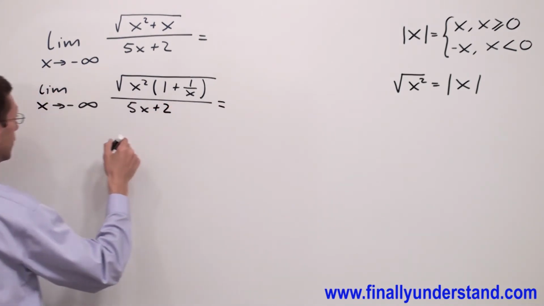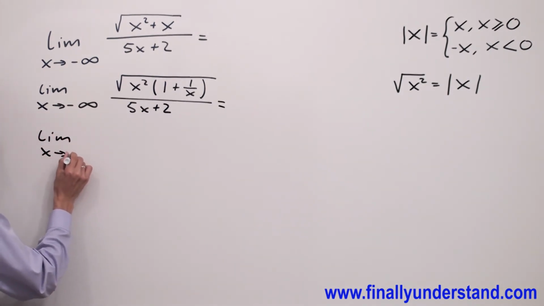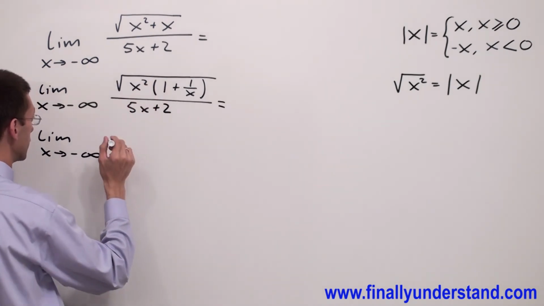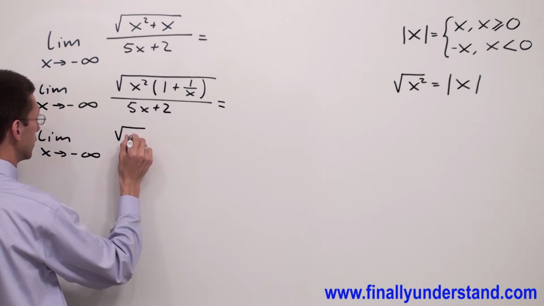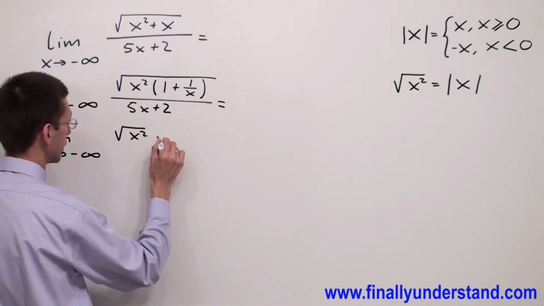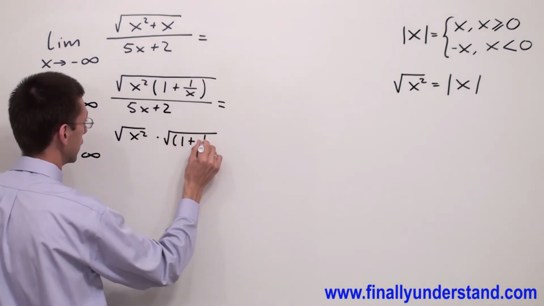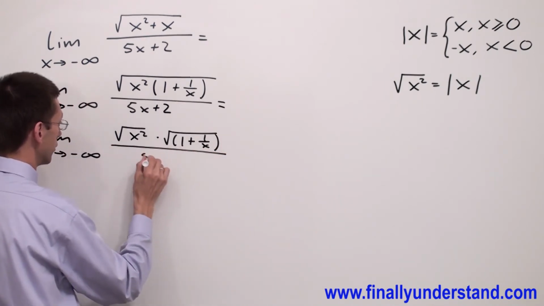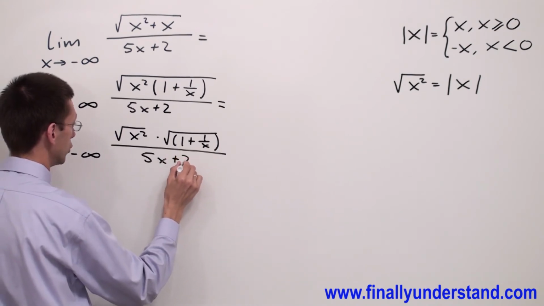Next, I'm going to rewrite the limit as x goes to negative infinity, and I'm going to rewrite this radical as a product of two radicals. So I have the square root of x^2 times the square root of (1 plus 1 over x) over (5x plus 2).